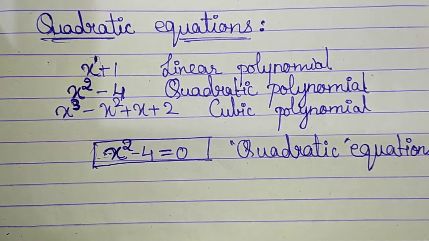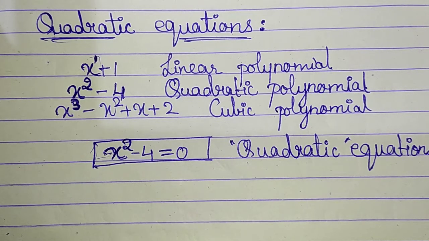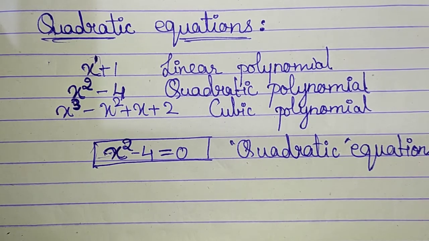We'll be learning about the quadratic equations, how to form them from our day-to-day life situations, and how to find their solutions. Solutions means finding the value of x which satisfies the equation.